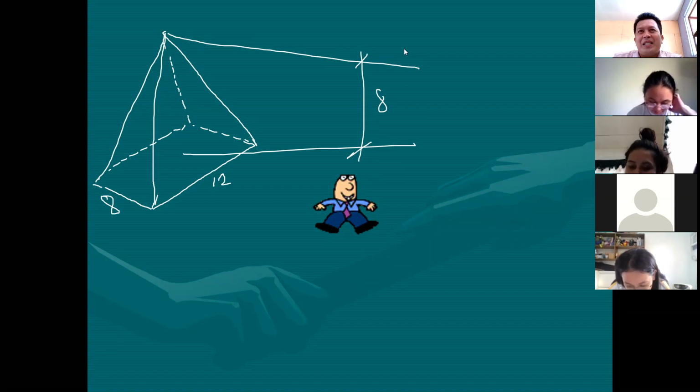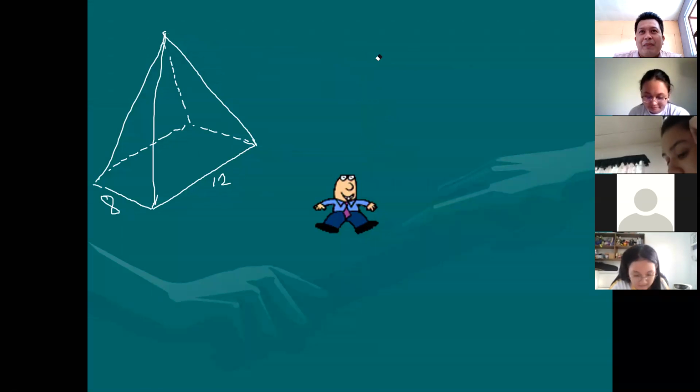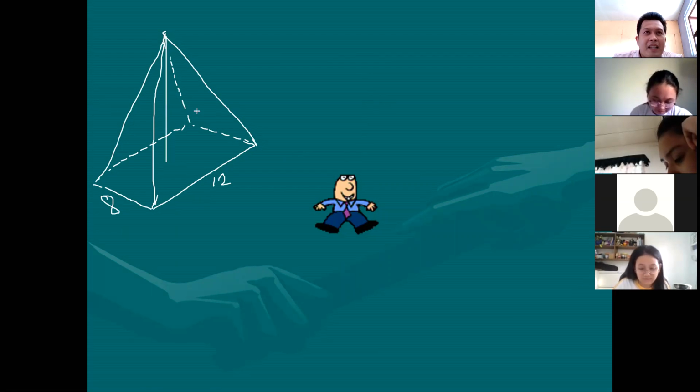Okay, so let us solve it then. Allow me to erase the 8, class. I'll put it in another location. So I will put the 8 here. So this is the 8 units.